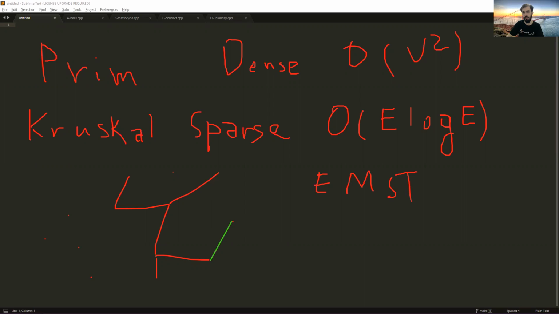We say, okay, what if there is no graph with this edge, right? What if this vertex is connected to the rest in different ways? Suppose it goes like this, I don't know, probably like this, okay?